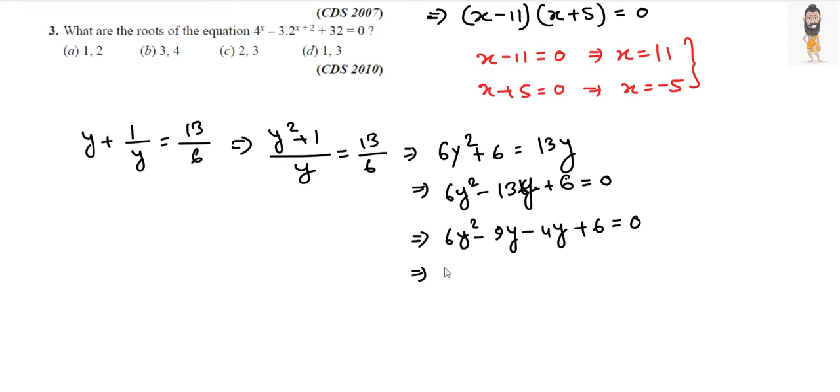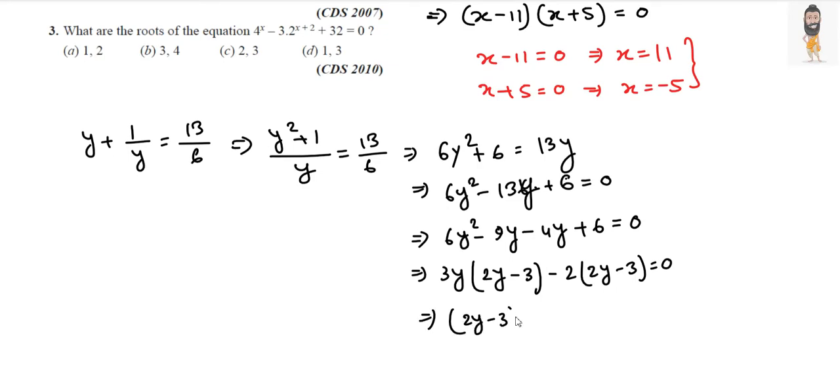Now taking 3y common, 2y minus 3, and minus 2 common, 2y minus 3, equals 0. So we get 2y minus 3 and 3y minus 2 equal to 0. From here 2y minus 3 equals 0, so the value of y is 3 upon 2.